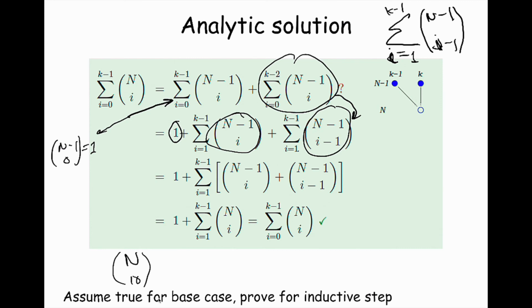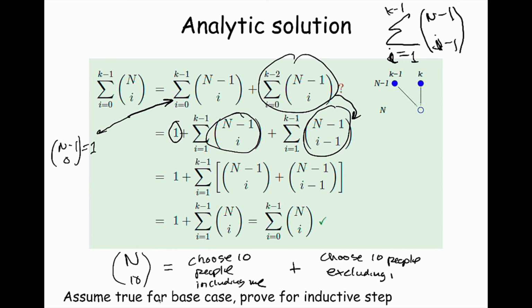Well, one way I could do it is I would say, choose 10 people, including me, plus choose 10 people, excluding me. And that's the same as n choose 10, because the 10 that I choose could include me, or the 10 that I choose could exclude me.